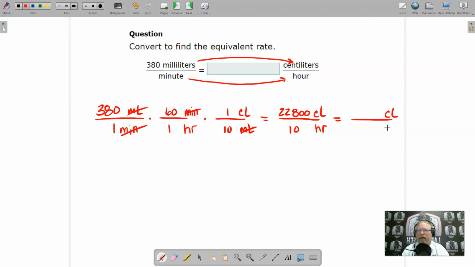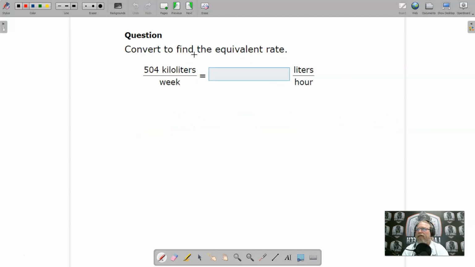Now I need a unit rate, not for 10 hours, but for 1 hour. 10 divided by 10 is 1, and 22,800 divided by 10 is going to be 2,280. How did I do that mentally? I'm dividing by 10, so I just drop a 0 off the end there. Notice, same number, just has 1 less 0. So it is 2,280 centiliters in an hour.